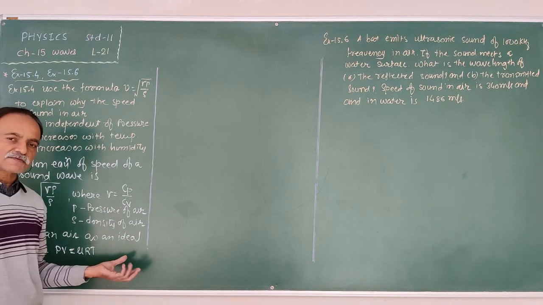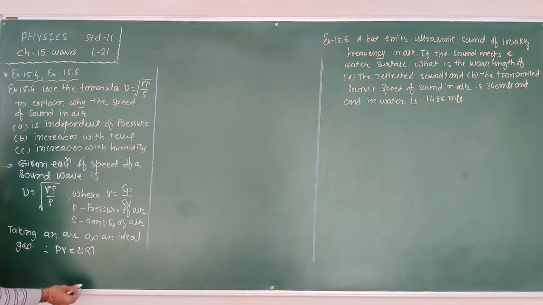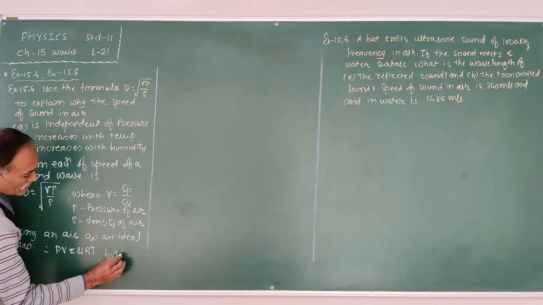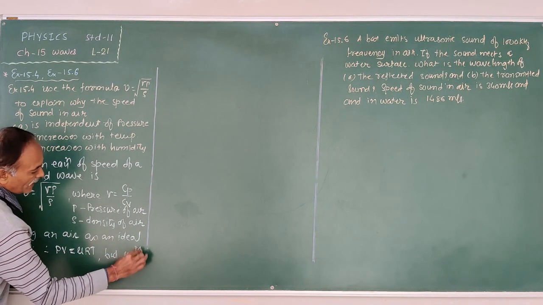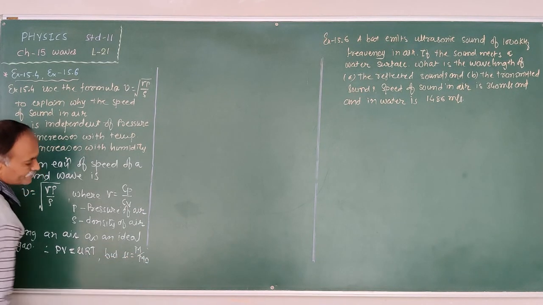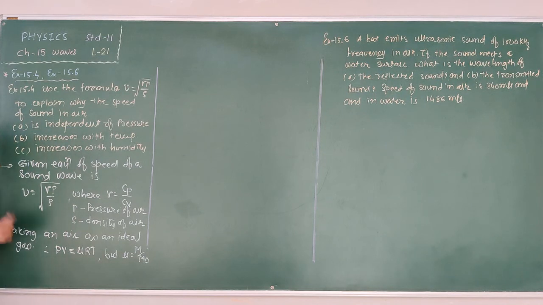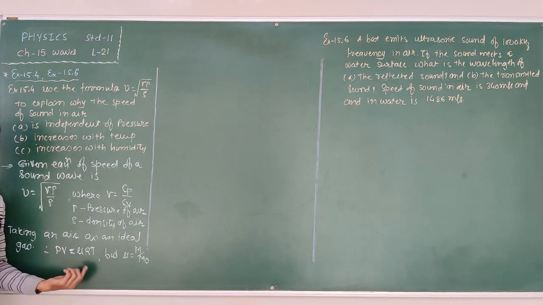That is the equation of state for the ideal gas. But we know that mu is equal to M upon M0. Mu is the number of moles.